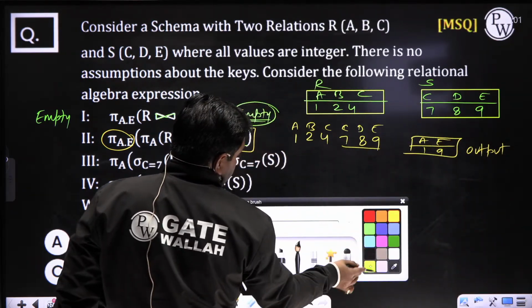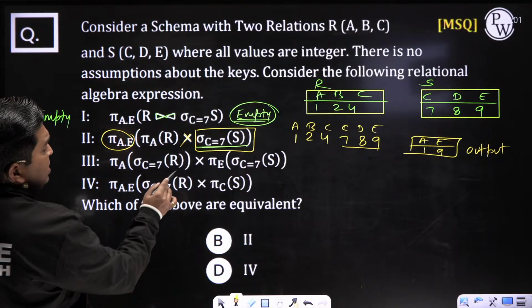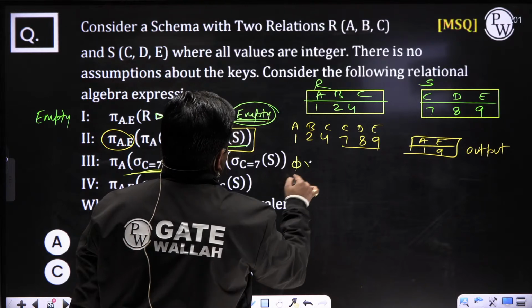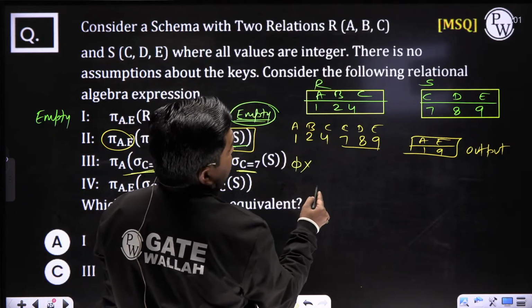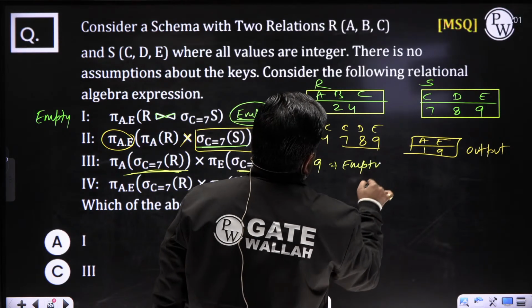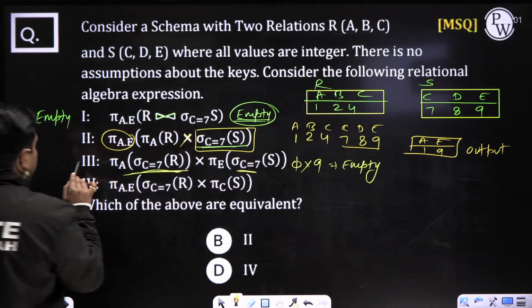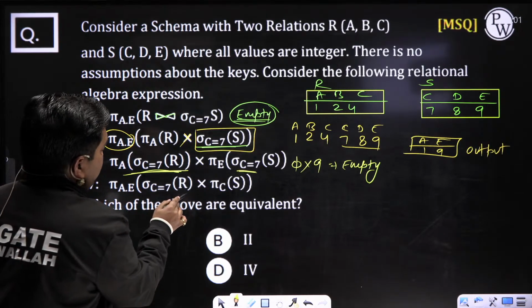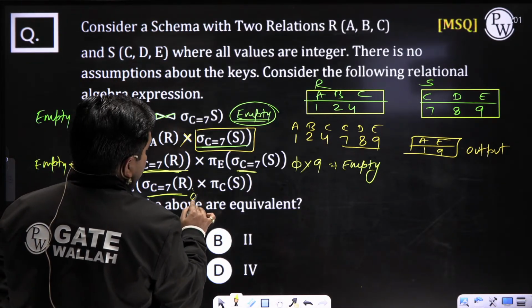Clear, everyone? Now let's see the third one. C equal to 7, there is no tuple. You will get empty, because in a cross product if any one table is empty then the output will be empty. You know it very well. Here C equal to 7, again you will get empty.